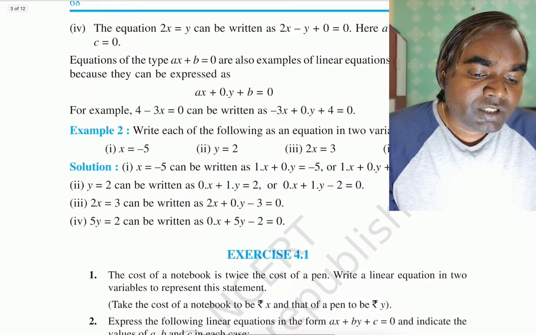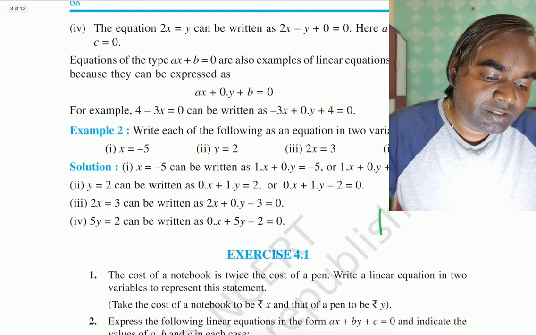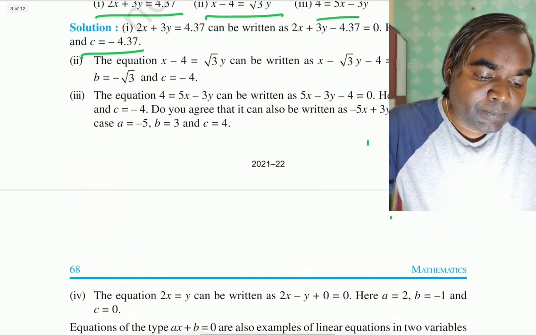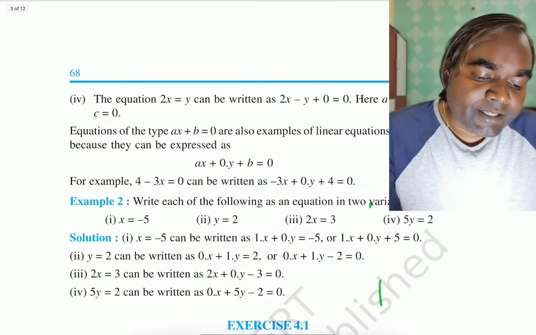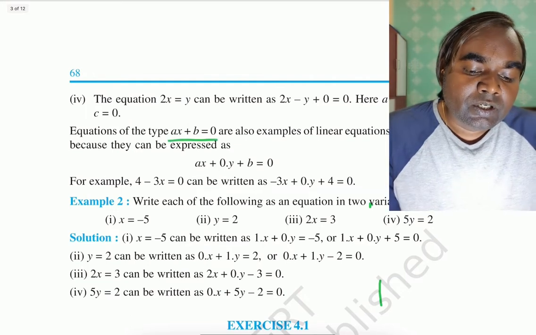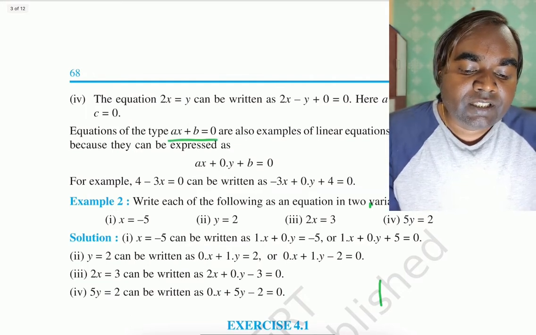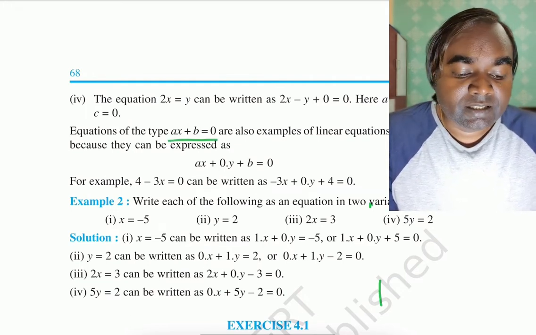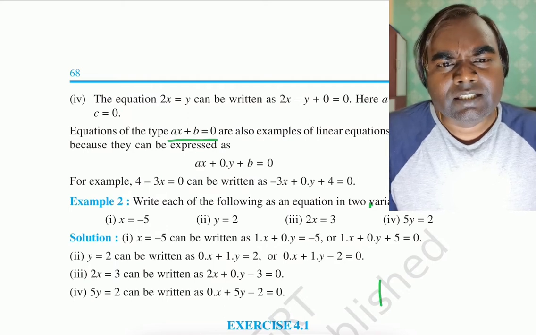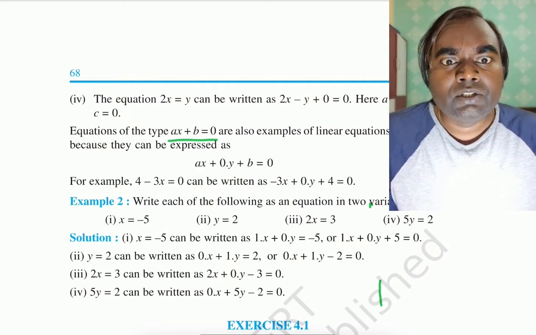Also it is important to note that any equation of the type ax plus b is equal to 0 is also an example of a linear equation in two variables. That means it can be considered as a linear equation of two variables.